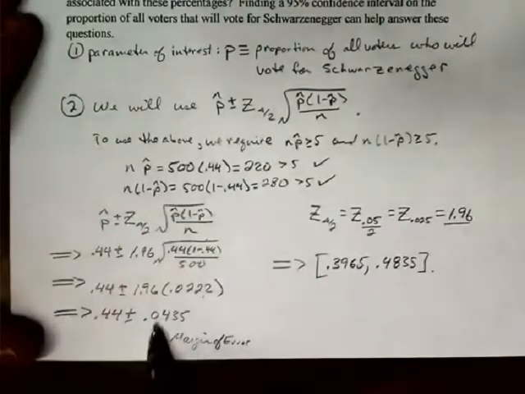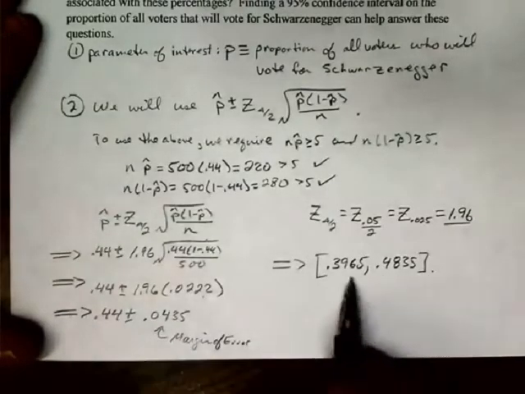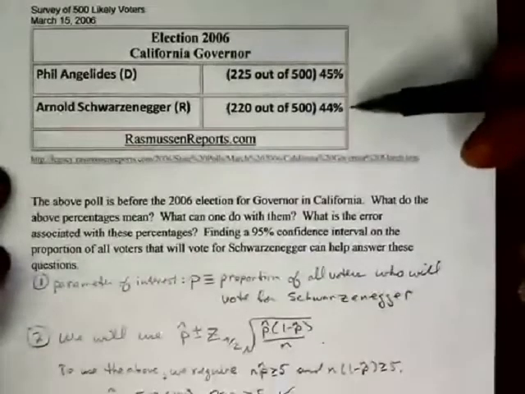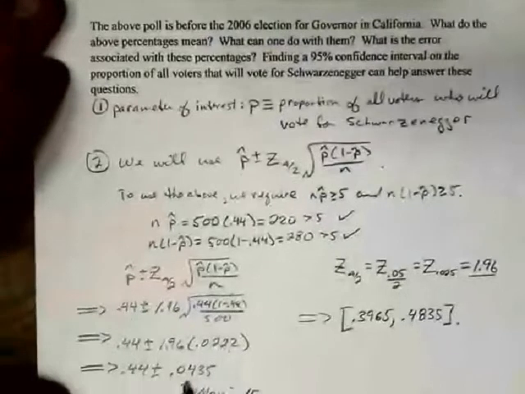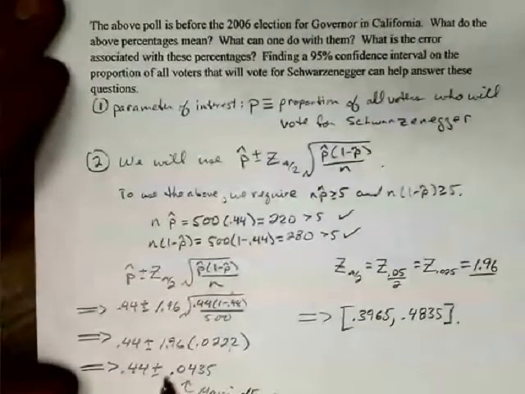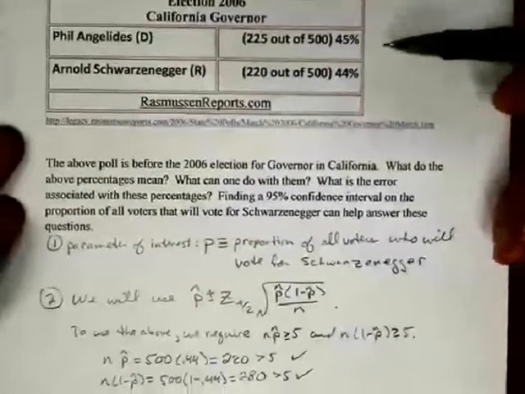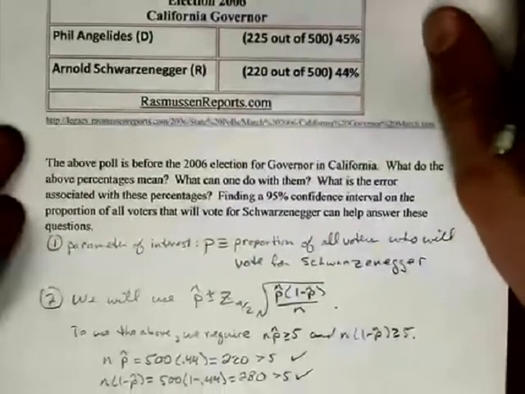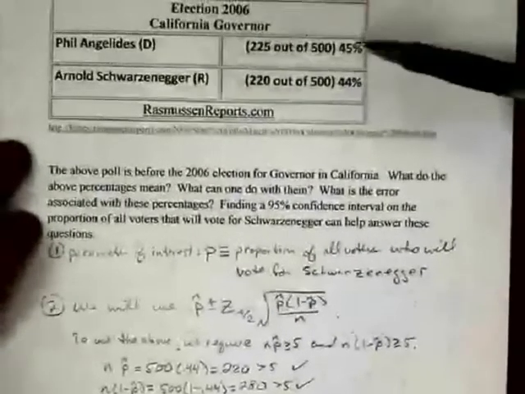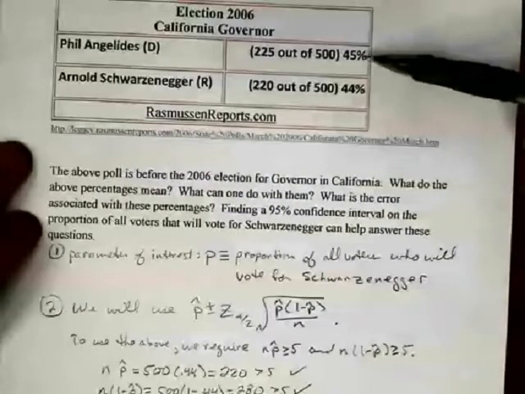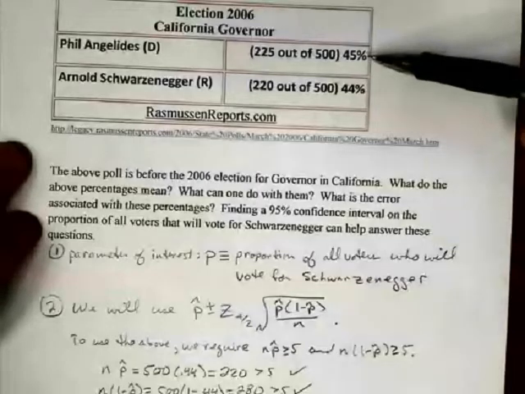So because this thing is so wide right here, and the difference between the sample data is just 1%, but our margin of error is over 1%, it's 4%, because there's such a high margin of error relative to the difference between the two candidates, an appropriate way to interpret this poll is not to say that Angelides is going to win this thing or is really winning, but you would say that they're neck and neck.